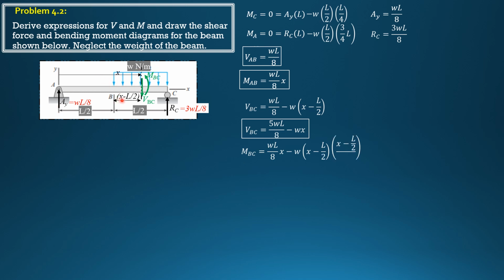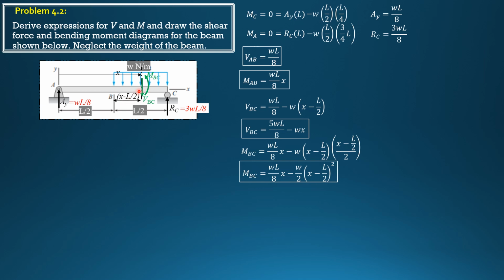So simplifying, MBC is WL over 8 X minus W over 2 times quantity X minus L over 2, squared. So you may write MBC that way. So that completes the shear and moment equations.